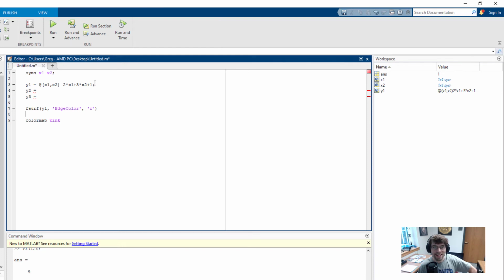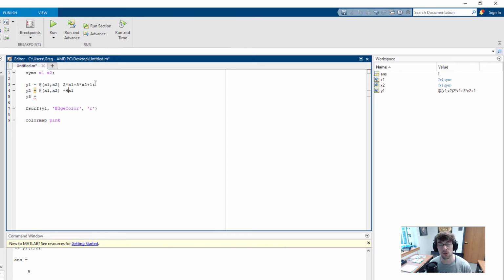You got it? Good. Here we go. So again, I need to tell MATLAB that y2 is a function of the 2 independent variables. And then I have to tell it what the functional relationship actually is. Don't forget the negative signs, and don't forget the multiplication signs.